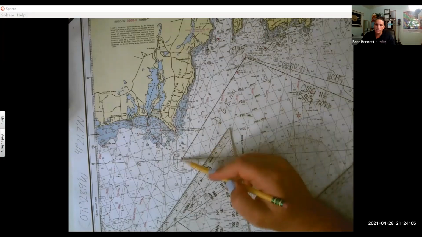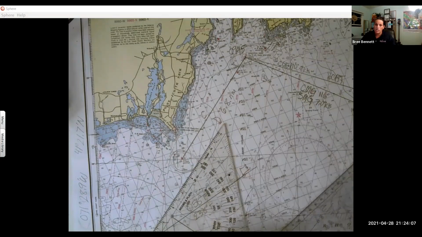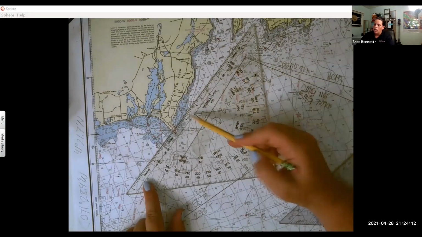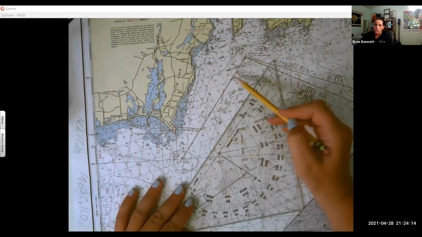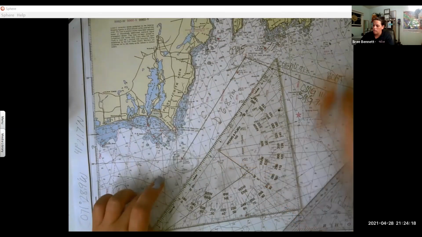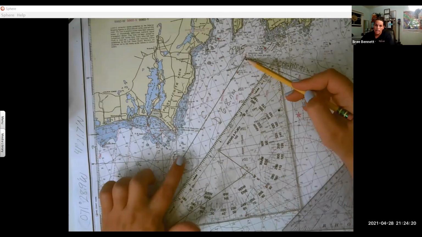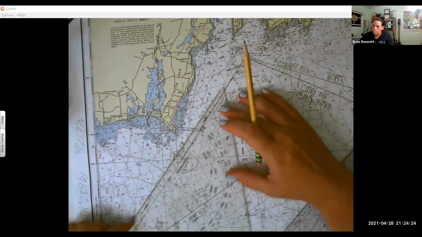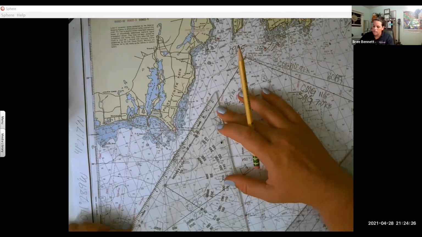So I'm putting the long side of the triangle here on the line in question, and then I'm going to put the focal point on a vertical. This is a very short leg. It's not actually crossing a vertical line. So I just get the tail end down here, but that's going to be okay.